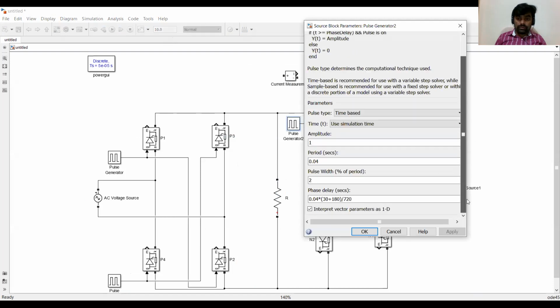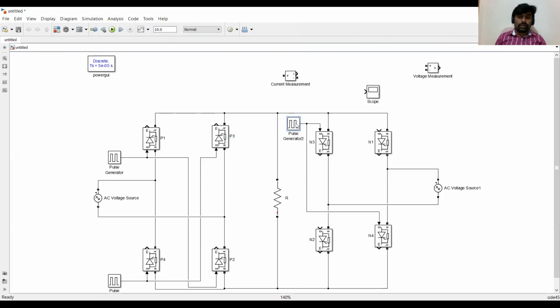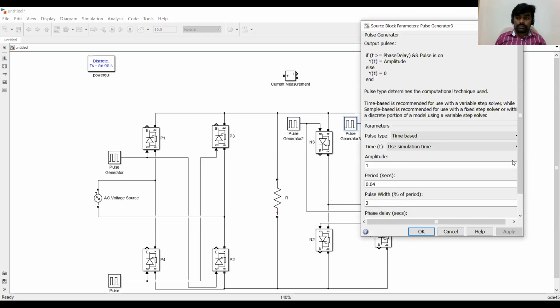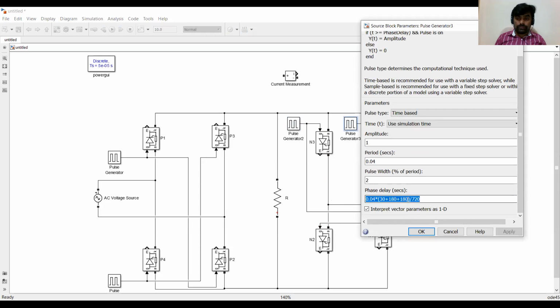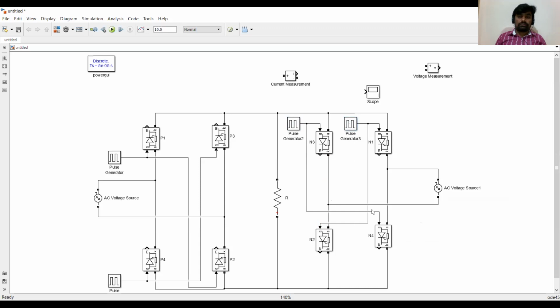And now it is plus 180 degrees, because it's 2 pi plus alpha, right? Now at last we are going to provide firing pulses to N1 and N2. Now it is 3 pi plus alpha. If you see the waveform, 3 pi means 3 times 180, and plus alpha means 30 degrees. So these are the pulses we have applied.